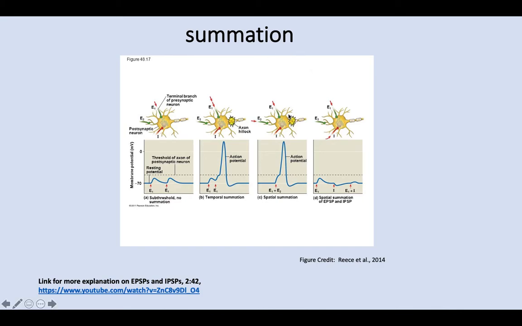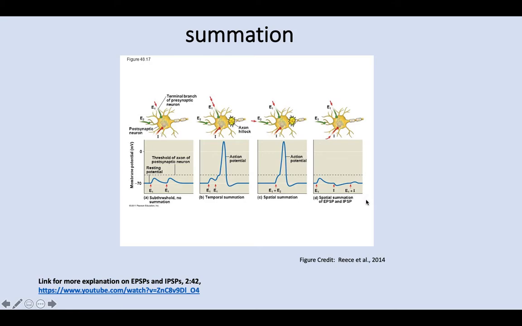Spatial summation refers to space, or the area in which you're getting these postsynaptic potentials. Here they're coming from very different areas, and if you get many of them, they can add up to cause an action potential. I just want to remind people that you're getting many of them all the time.